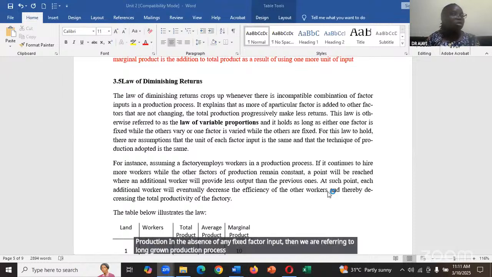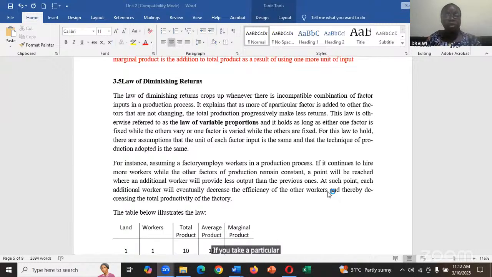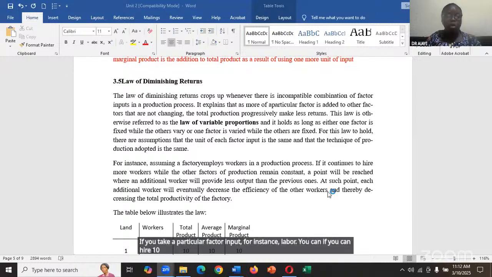So what that simply means is that the difference between short run and long run production process is by the nature of the factor input. If you take a particular factor input, for instance, labor, if you can hire 10, 20 or more than that labor, in as much as you don't have a fixed number of labor that you are using at that point in time, then that is the long run.